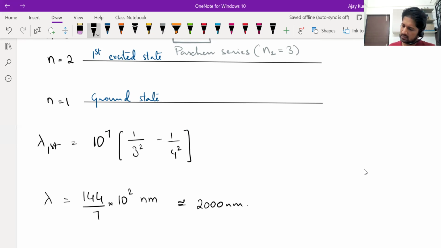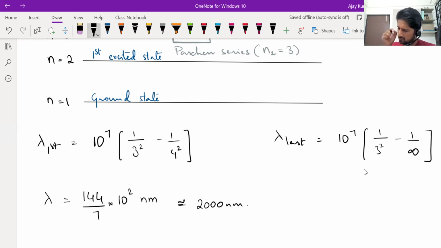Then lambda of the last line of the Paschen series. 1 by lambda is 10 power 7 into 1 by 3 square minus 1 by infinity, which is 0.